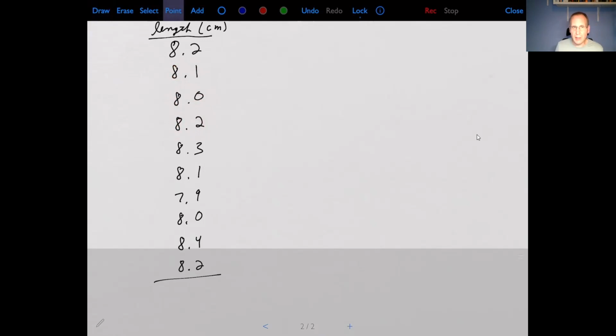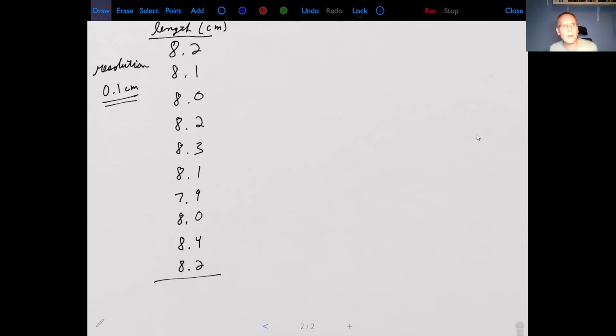So this particular instrument's resolution was 0.1 centimeters, because that's the smallest length you can measure with this instrument. The resolution really depends on the number of decimal places. So in this case, the resolution is 0.1 centimeters. You should always be familiar with the resolution of the instrument, because that'll be important.